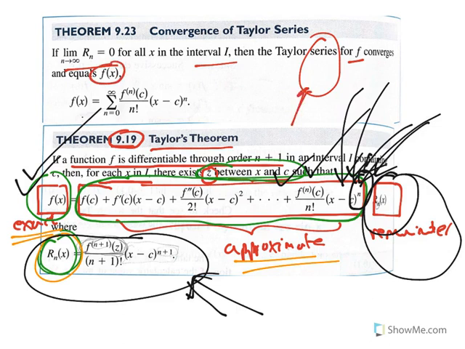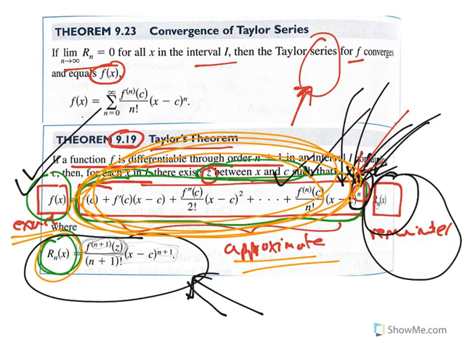We say Taylor series because we no longer have an nth degree Taylor polynomial, because what is going on with n? n is going to infinity. So what you have here with the nth degree Taylor polynomial is what we call a partial sum, a partial sum of the infinite series. But what you have in Theorem 9.23 is the infinite series itself.